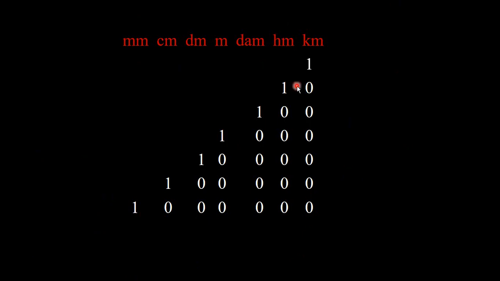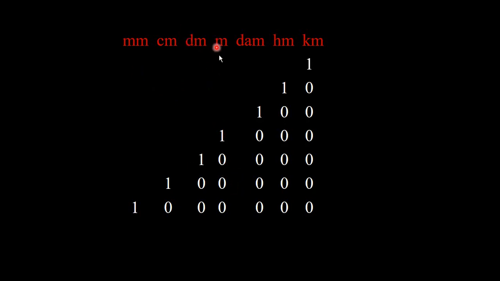For example, I can say 1 hectometer is equivalent to 10 decameters. 1 hectometer is equivalent to 100 meters. And I can say 1 meter is equivalent to 10 decimeters.